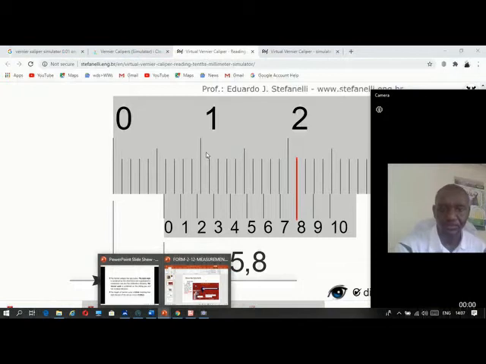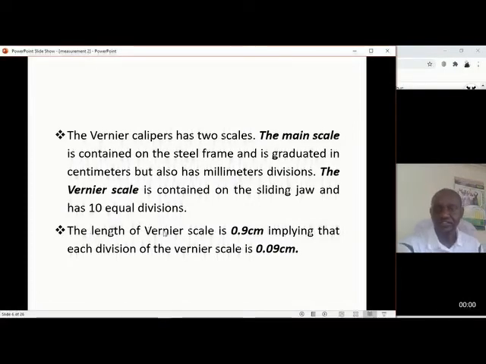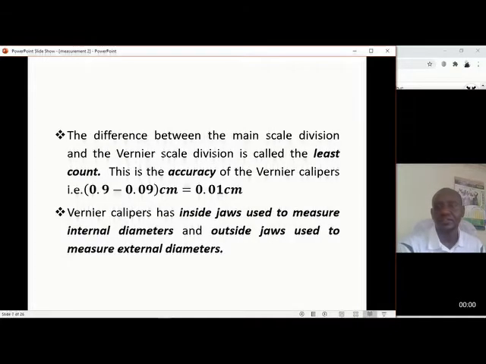The length of the vernier scale is 0.9 millimeter, implying that each division measures 0.09, or millimeter over centimeter, sorry. The difference between the main scale division and the vernier scale division is called the least count.